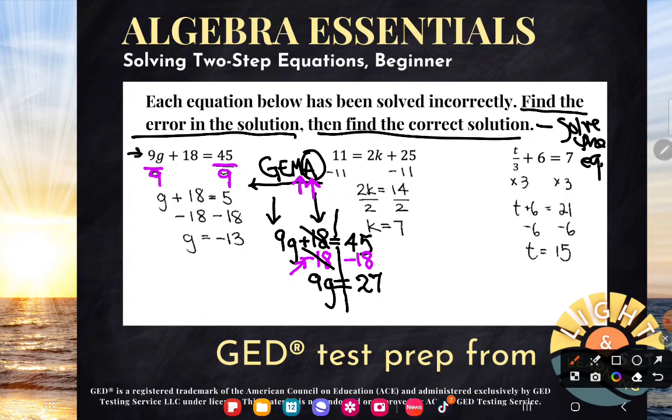But this student made this mistake because they didn't really understand the way multiplication and division works. If they really wanted to divide by 9, they would have had to divide this whole side by 9. It gets a little messy. It's hard to remember. And so that's why I say just follow that wisdom principle of getting rid of things in opposite order, and then you won't get fooled, tricked by things like this, okay?